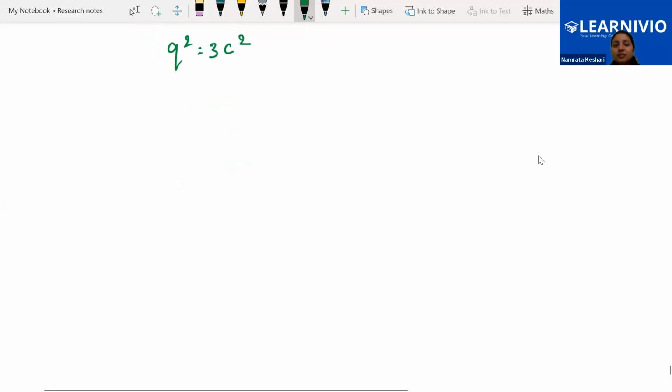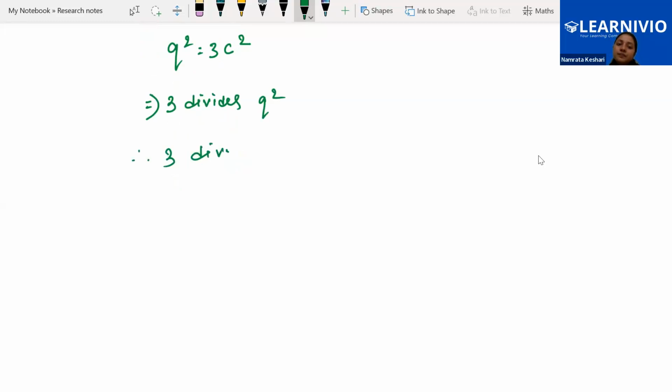What can be written? 3 divides Q square. Exactly. Hence, 3 also divides Q. Exactly, 3 divides Q square, and therefore 3 divides Q. Okay, this one we are just concluding from the theorem.